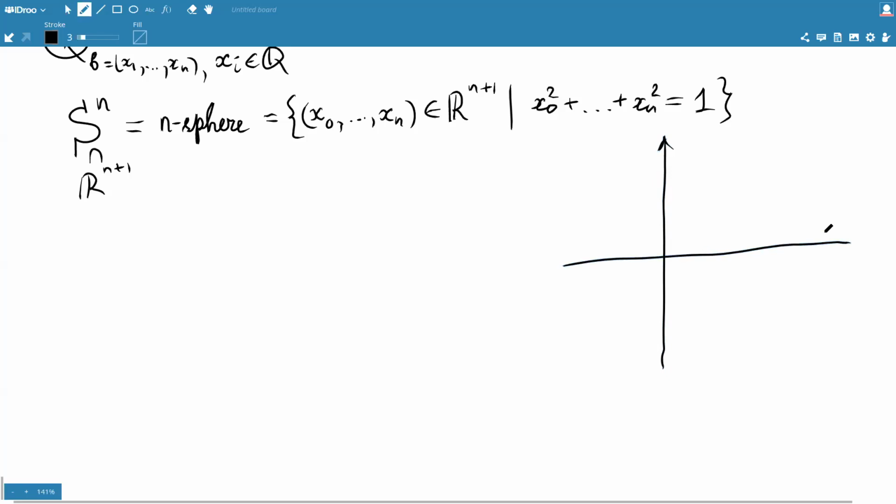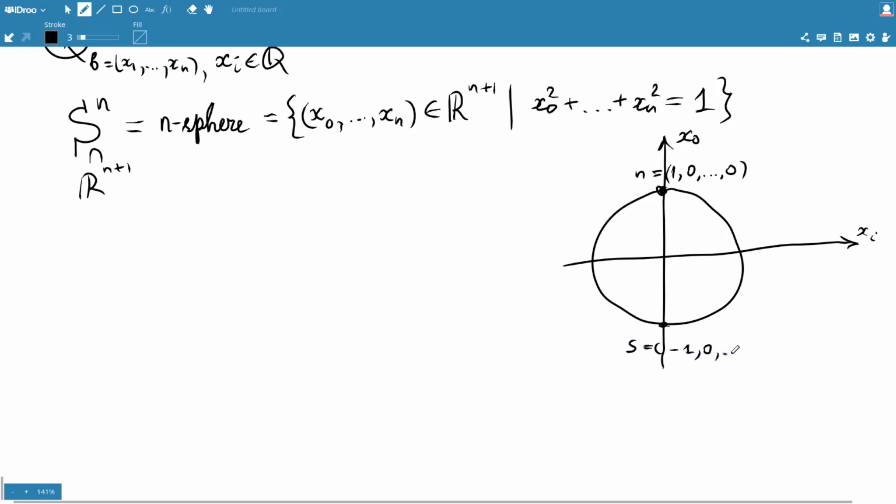So if this is coordinate x0, and these are coordinates xi's, i from 1 to n, then on the sphere you have two distinguished points, say (1, 0, ..., 0), this is the North Pole, and the South Pole, (-1, 0, ..., 0).